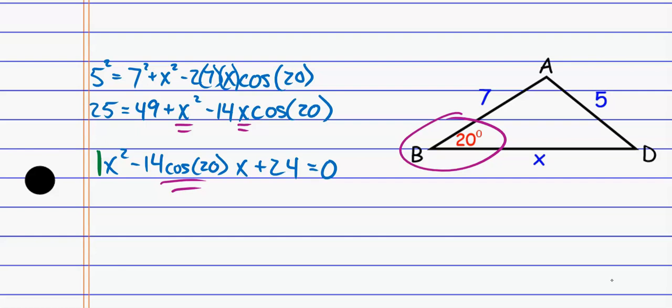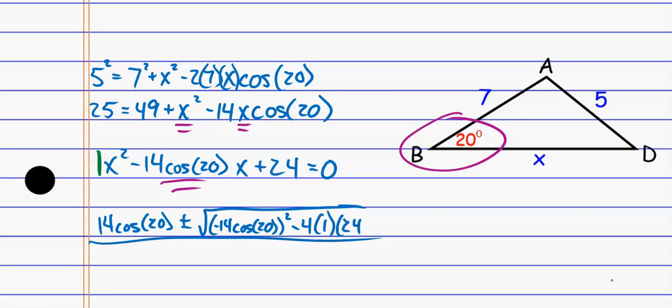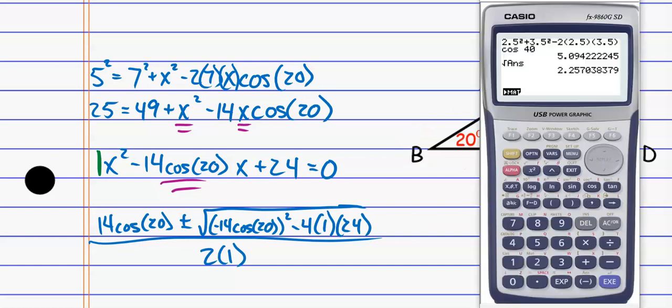But I would do opposite of b, so that would be 14 cosine of 20 degrees, plus or minus the square root of b squared minus 4 times a, which is 1, times c, which is 24, all over 2a. And now from here, all it is really is punching into the calculator, and I only have to do the positive version of this thing. So let's plug it in.